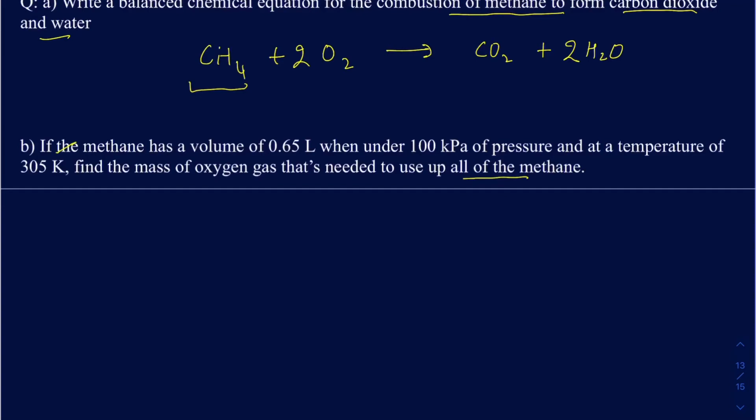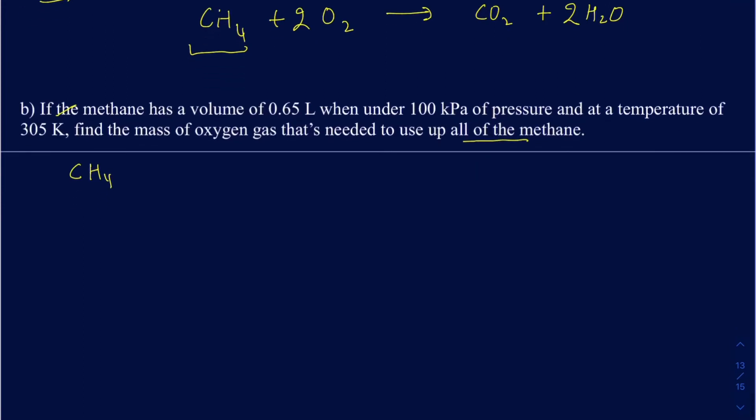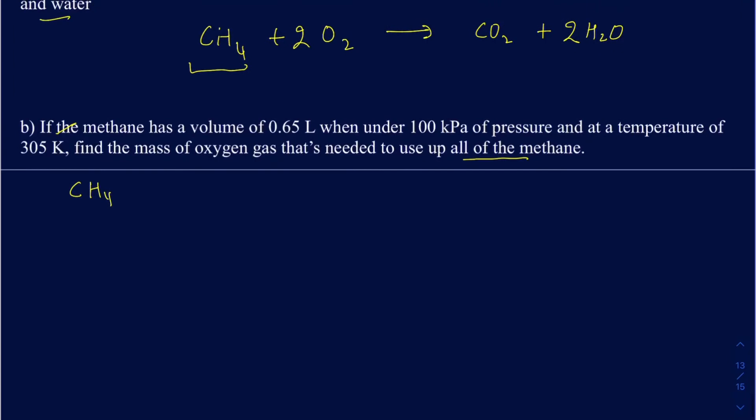Now, the information I have about methane, I'm just going to write that down here: the volume is 0.65 liters. I have the pressure to be 100 kilopascals, which is going to be 100,000 pascals because kilo is just a thousand. And then the temperature is given to be 305 Kelvin. Okay, I have 3 sets of variables, so I can go ahead and use PV equals nRT and find the moles.